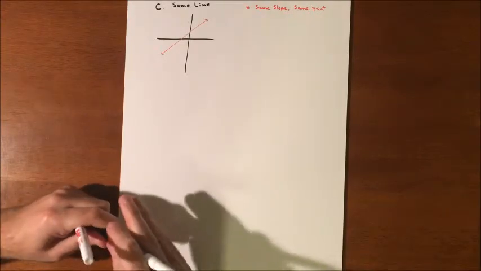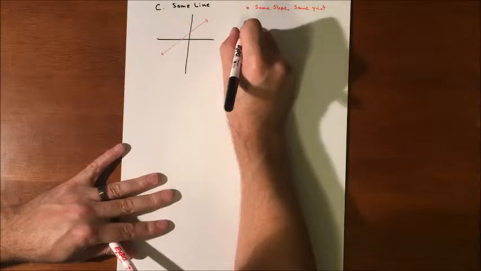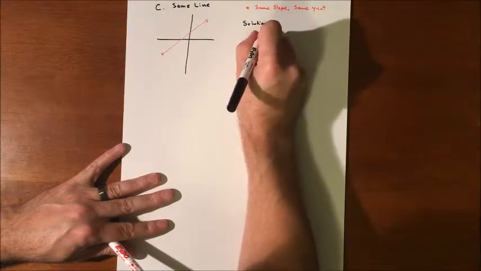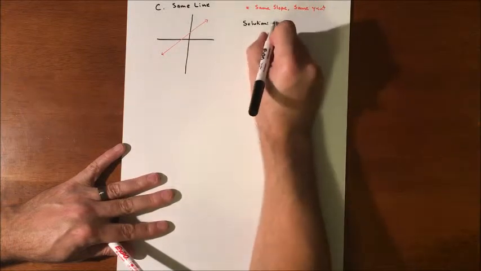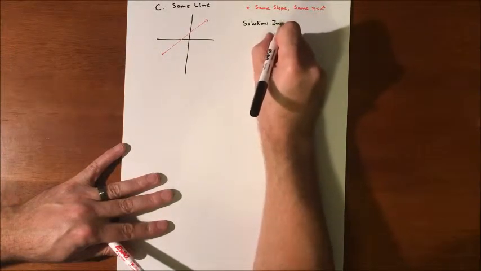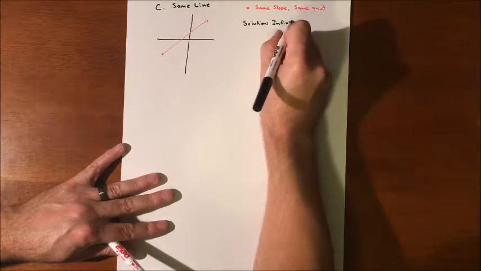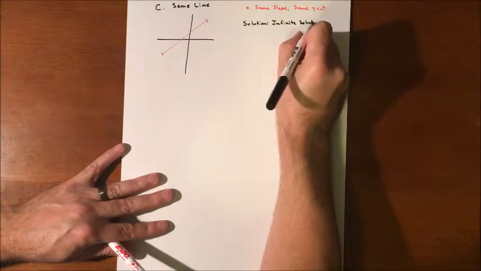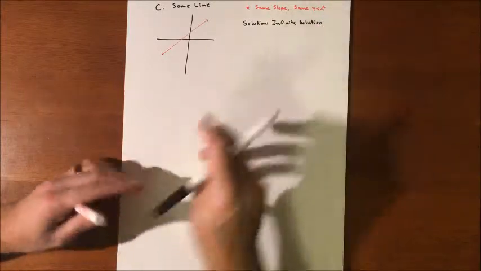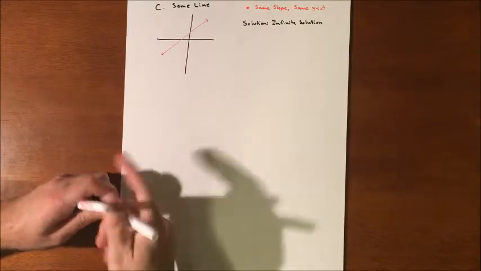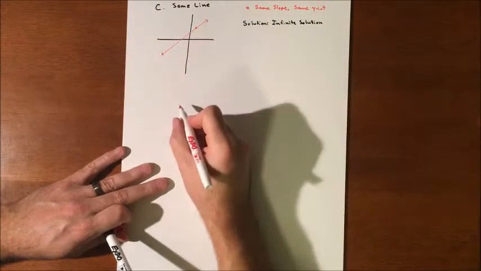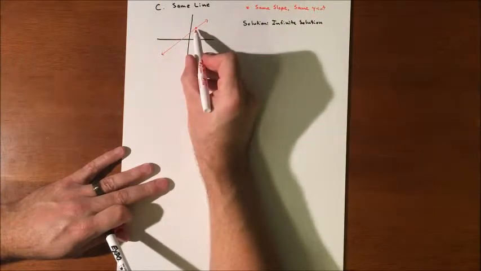So, what kind of a solution does that have? It has infinite solutions. Because if you take a coordinate on this line and you plug it into one equation, it's going to work for the original equation, and it's also going to work for the other equation.